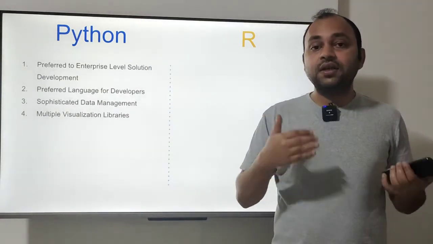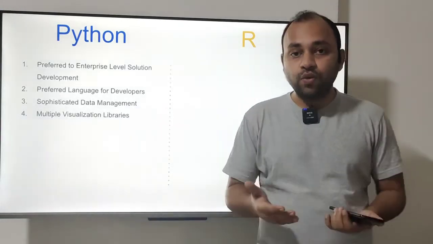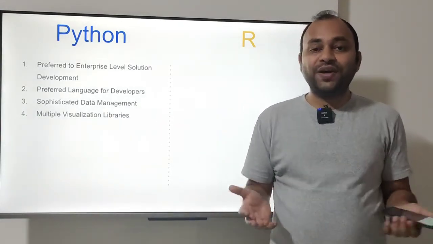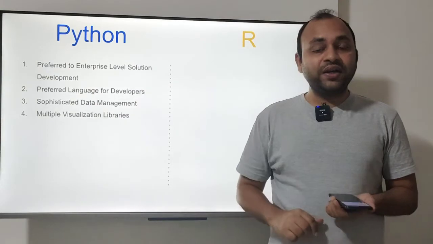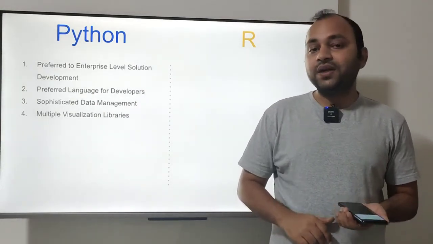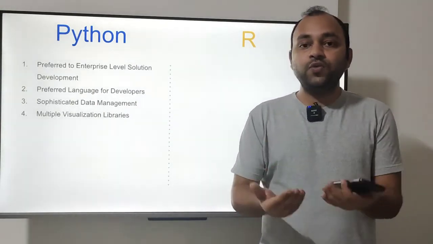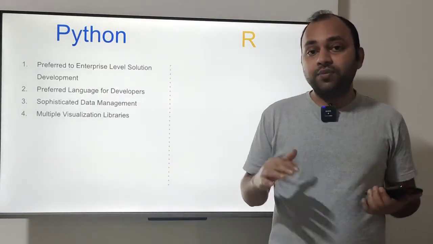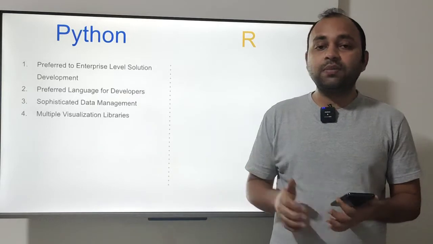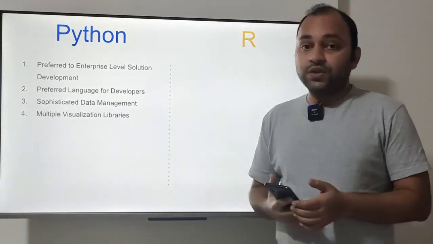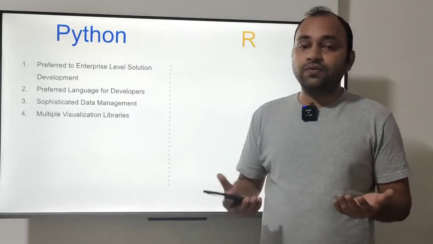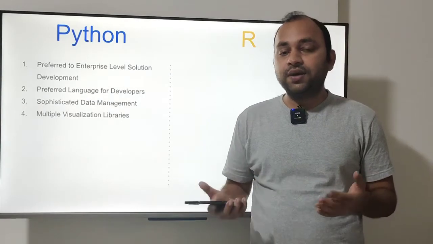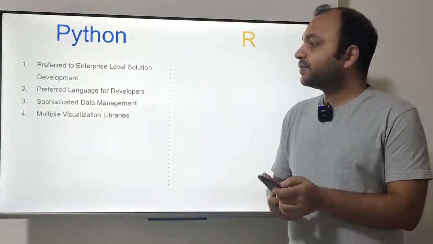Even these days, libraries have come out to build dashboards within Python itself. So interesting developments are happening, and because of these new innovations, up until now, based on my observation, it has become the number one choice, at least for developers, especially if they are coming from the machine learning side or the data management or data engineering side.